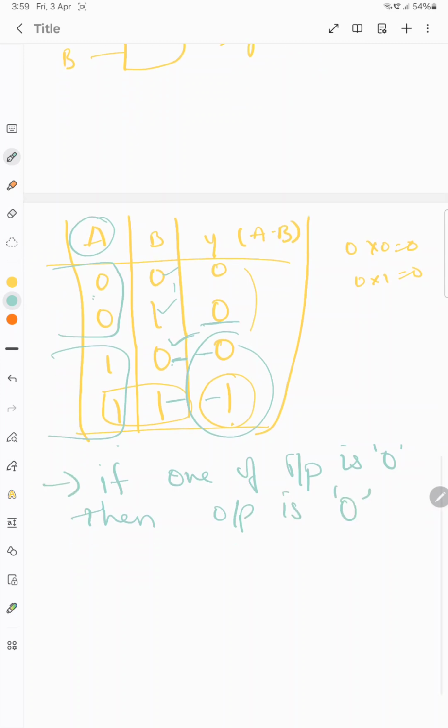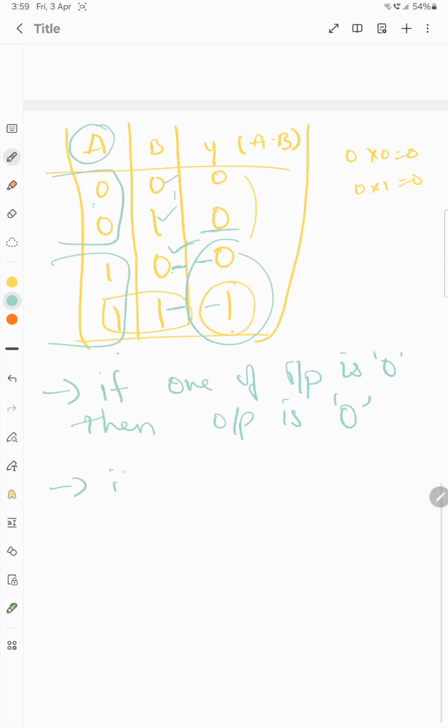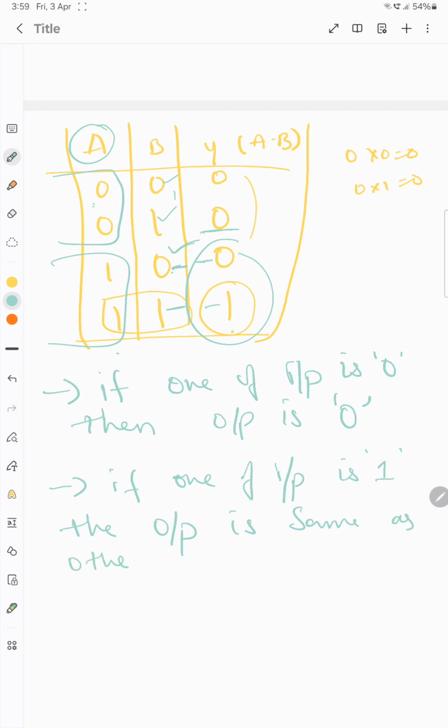This is the first point. And next, if one of the inputs is 1, the output is the same as the other input. That other input is nothing but B, right? Whatever B value we got, that will be the output.